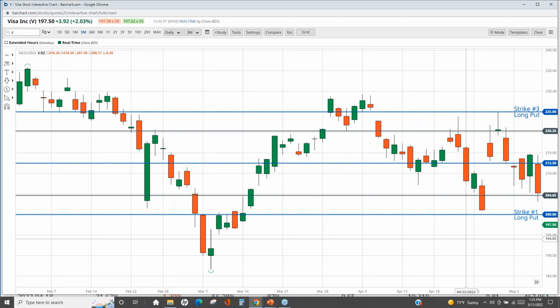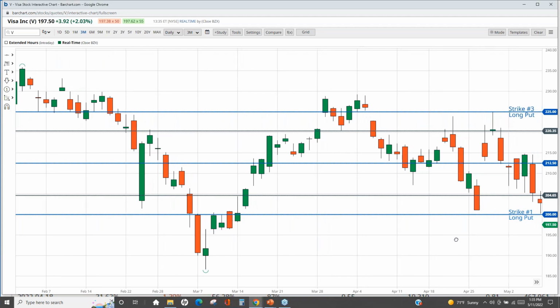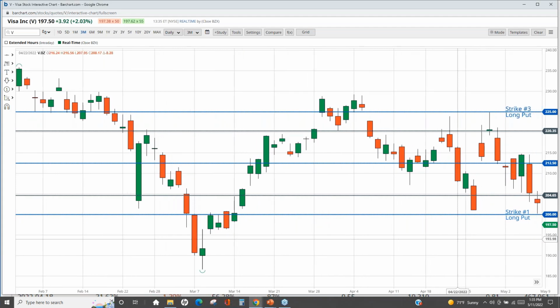Next day it fell, and then the following day it fell outside of this black line, which represents my lower break-even price. And so in my trade plan, when I set this strategy up, I say if price closes below my break-even, then I'm probably wrong and I'm going to be out of this trade.